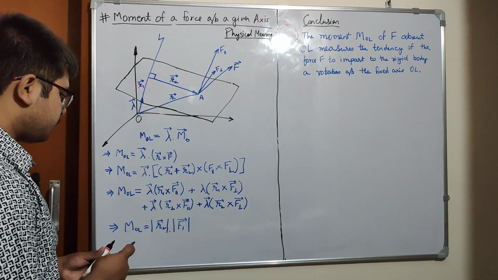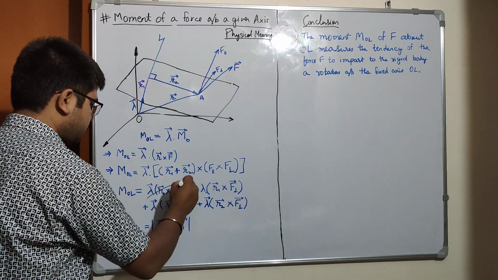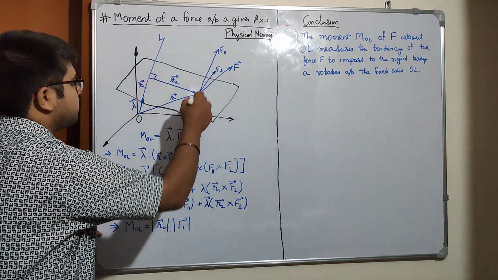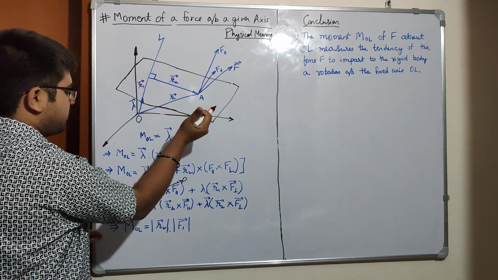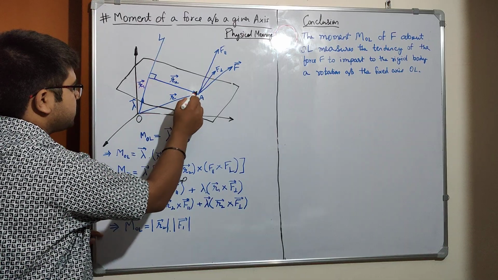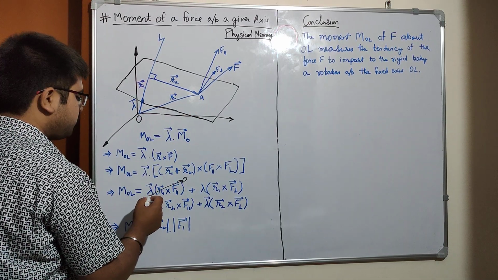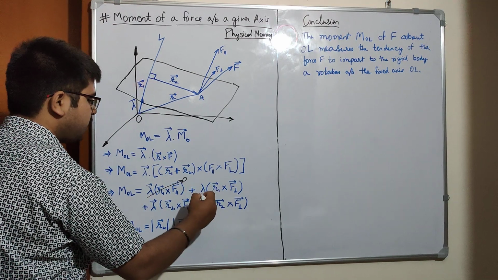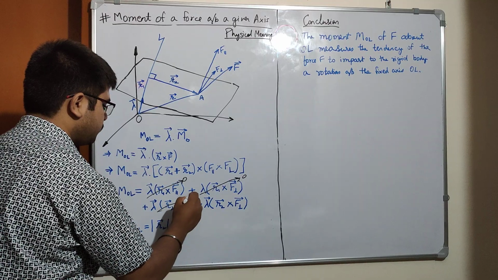Now all these terms will become 0. If you look closely and multiply R1 vector cross F vector dot lambda vector, it will be 0. Similarly, this will also be 0, and this will also be 0.